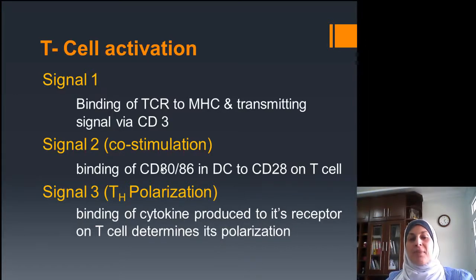This is determined by a cytokine. So the third signal is the cytokine produced by the antigen-presenting cell. The type of cytokine is determined by the condition of the body, by the type of the pathogen. So this would determine the polarization of the CD4 T cell.